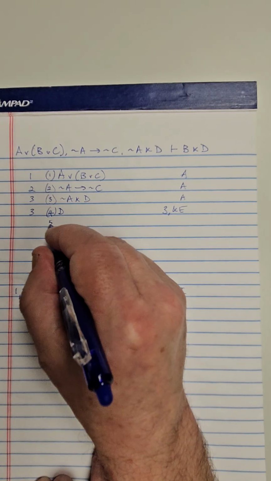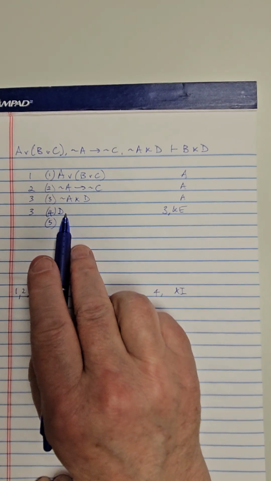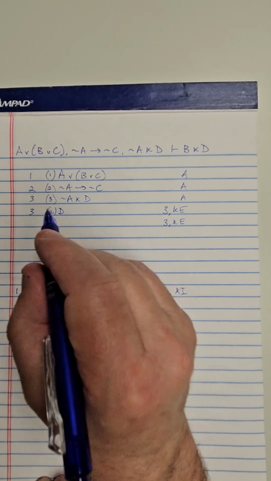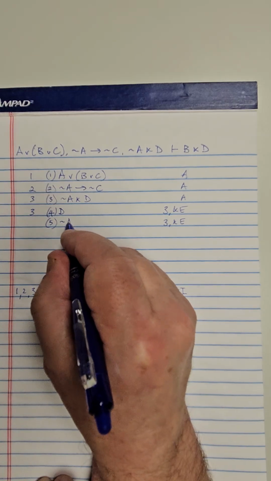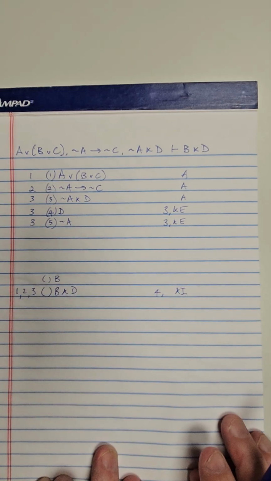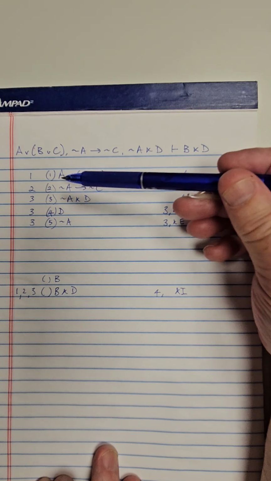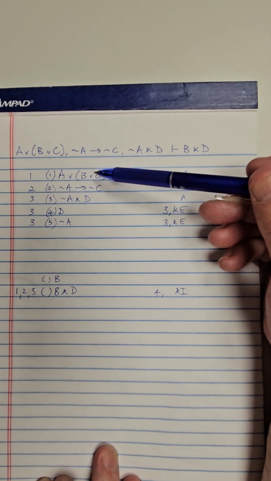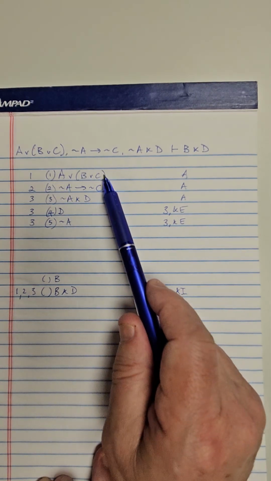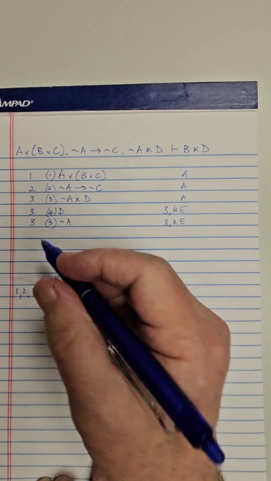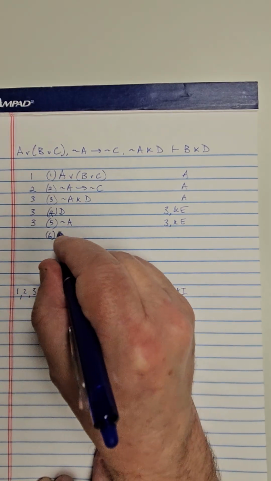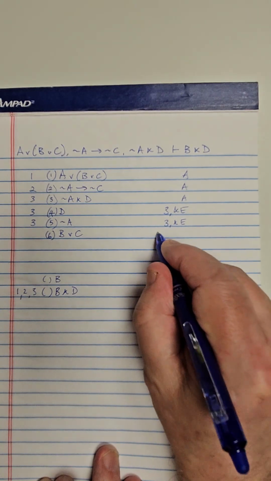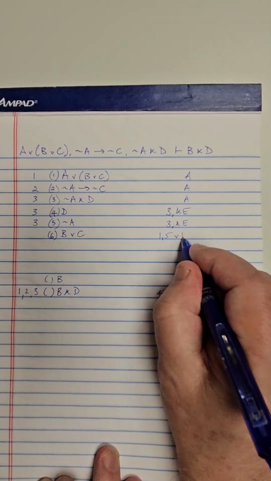So if we take not A out of the conjunction, just as we did D, here we're doing 3 ampersand elimination, but taking out the left conjunct of 3, not A, again the assumption set is just 3, then 1 and 5 together entail either B or C, because this is a disjunction and this is the denial of its left disjunct. So its right disjunct must be true, and its right disjunct is either B or C. And here we write 1, 5 wedge elimination.